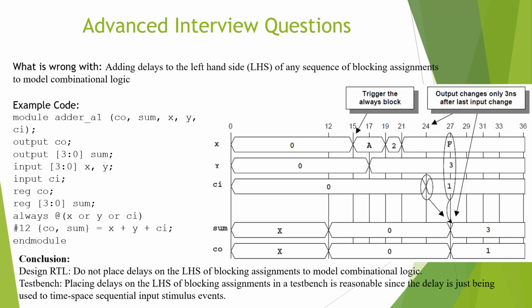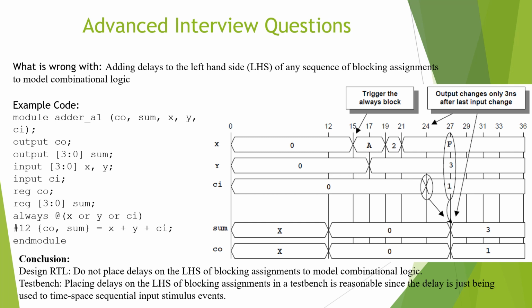Okay, moving on to the next question. The question is, what is wrong with adding delays to the left-hand side of any sequence of blocking assignments to model combinational logic? Let's take an example code here. It's an error.